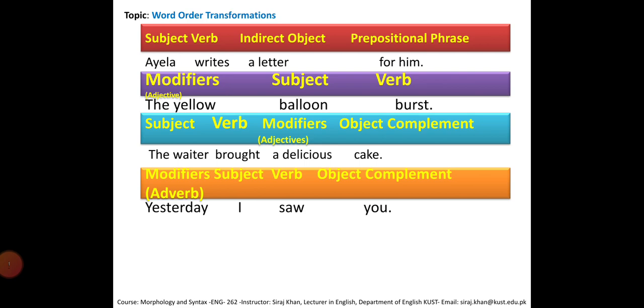And yesterday I saw you, so it modifies the verb saw. Like the extremely dog was hungry, which is incorrect. Extremely the dog was hungry, which is incorrect. The dog was hungry extremely, which is incorrect. So the place is most important.